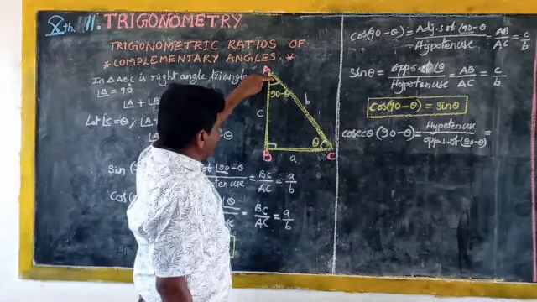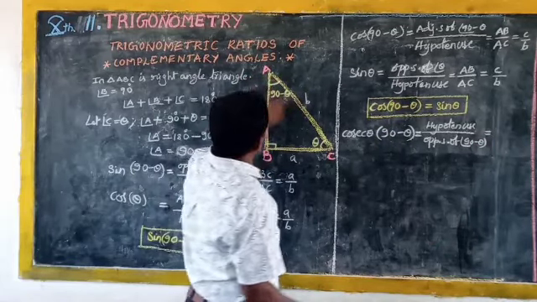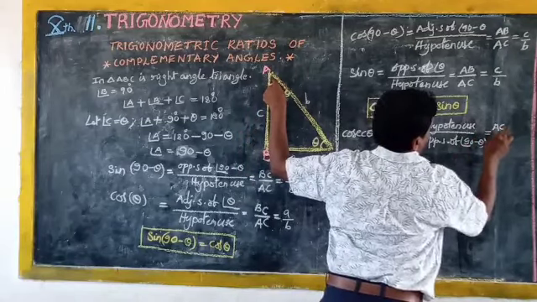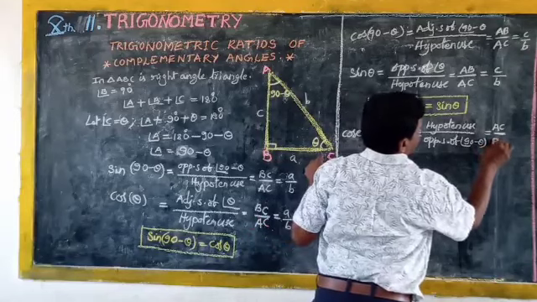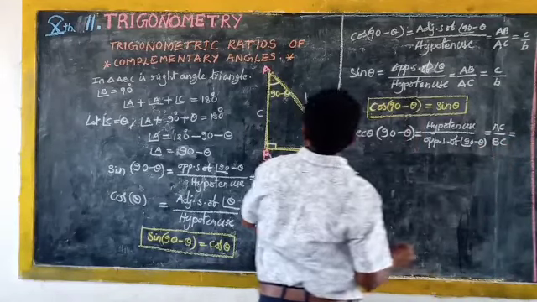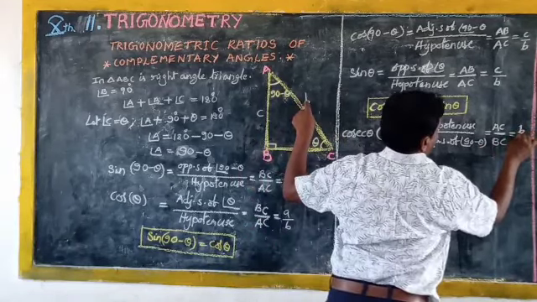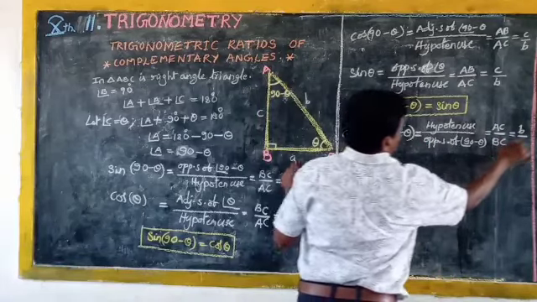Cosecant 90 minus theta is hypotenuse AC by opposite BC. AC is equal to b, BC is equal to a.